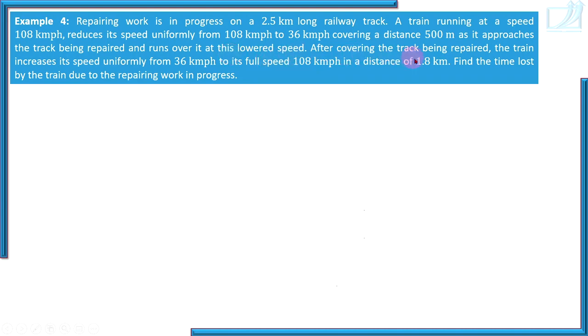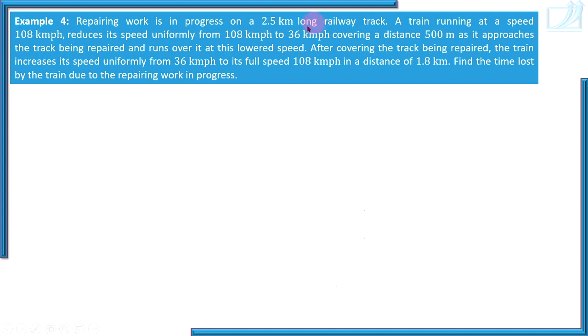After covering the track being repaired, the train increases its speed uniformly from 36 kilometers per hour to its full speed 108 kilometers per hour in a distance of 1.8 kilometers. So with the lower speed, train covers this 2.5 kilometer long railway track where repairing is in progress.